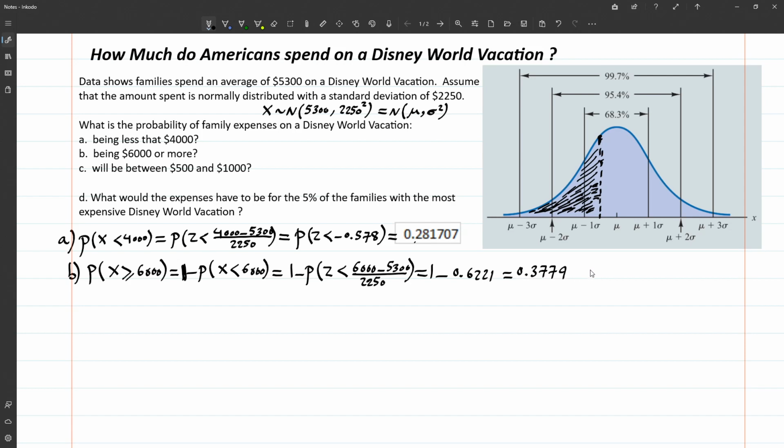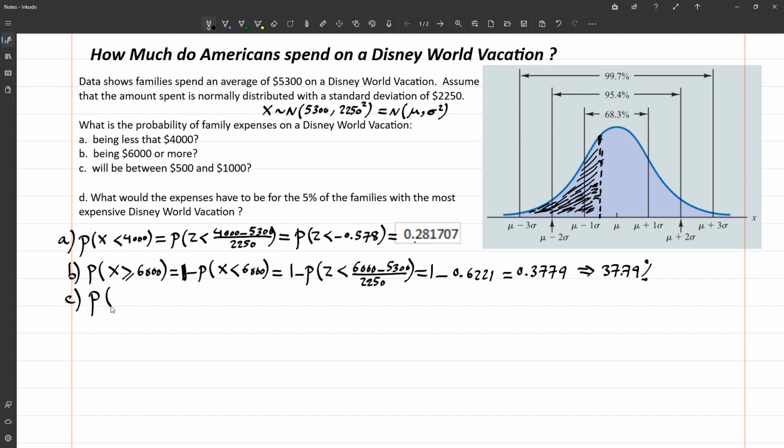Roughly, this means there is a 37.79% chance that the family expense is going to be greater than or equal to $6,000 on this Disney vacation trip. Okay, so part C: what is the probability that the family expenses on a Disney World vacation will be between 500 and 1,000?